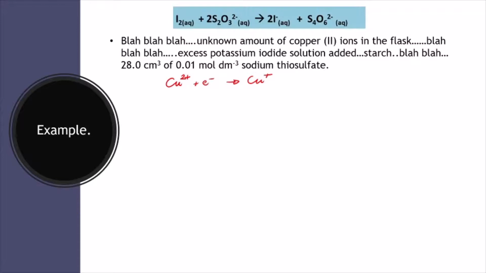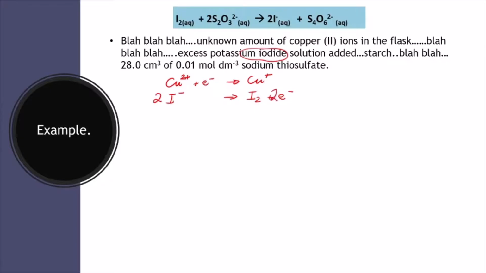Now the reason why that's going to happen is because we've added iodide ions. So we use the thing we're interested in to actually change the iodide ions to iodine. Now you can see I need to do some clever stuff here to balance that up. I'm going to need 2 of those to make an iodine.